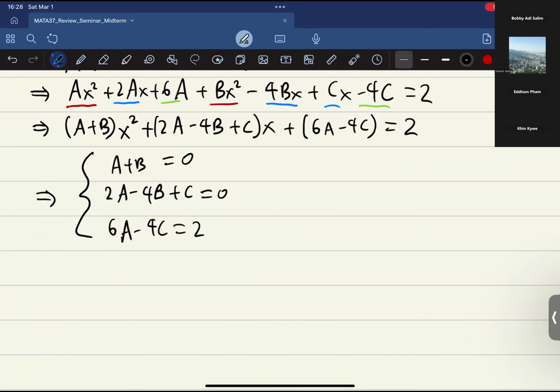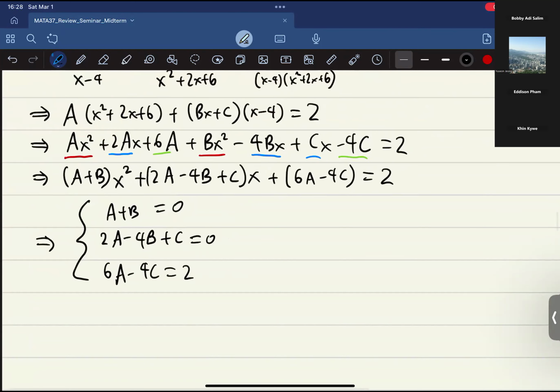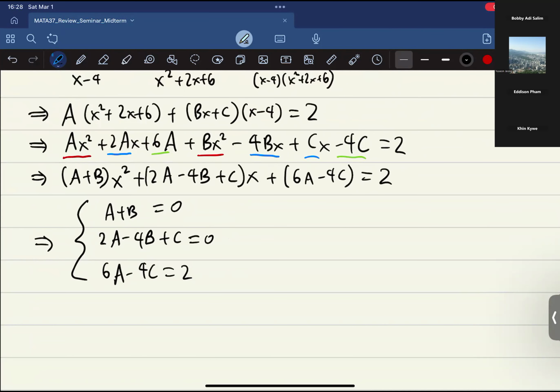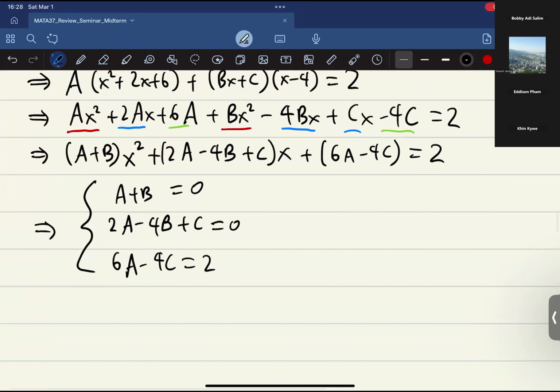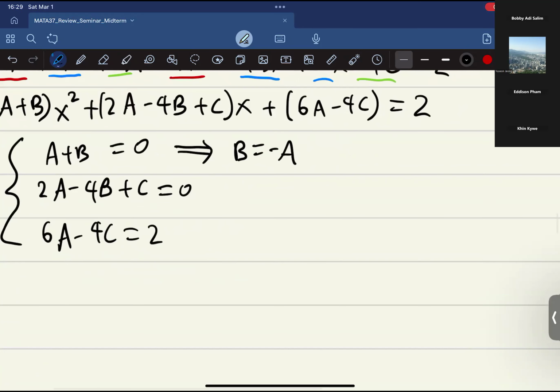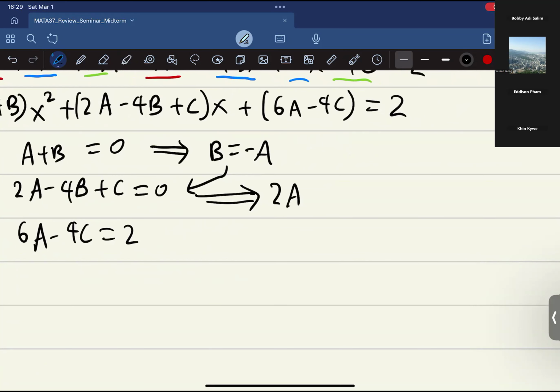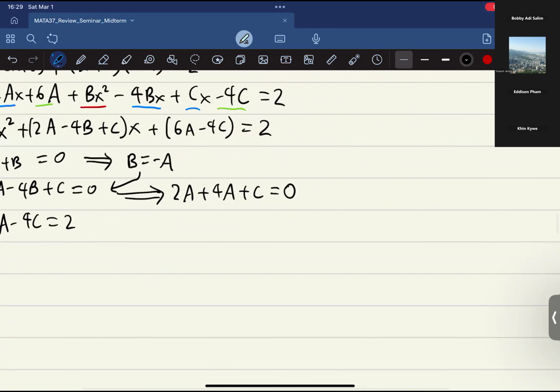And here you can solve this whichever way you like, if you want to do linear algebra or just algebraic manipulations. Here we can notice that b equals minus a, and then we can substitute this result into the second equation. So 2a plus 4a plus c equals 0, so 6a plus c equals 0.